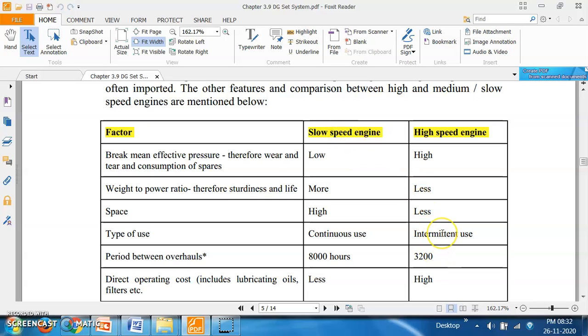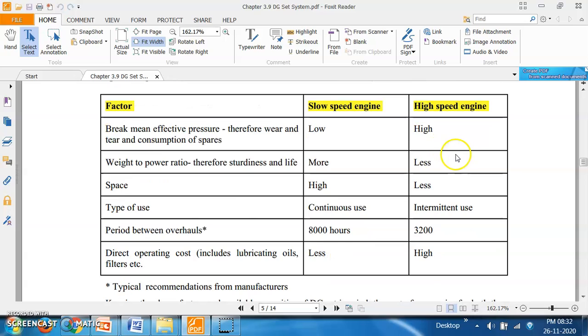Suppose you are going to operate the diesel engine only for a short period of 10 minutes or 20 minutes or 30 minutes like that, you can go for high speed, right? And the period between overhauling, so this service requirement: you can run continuously 8,000 hours in these slow speed engines, whereas in the high speed engines for every 3,200 hours you need to go for a service.